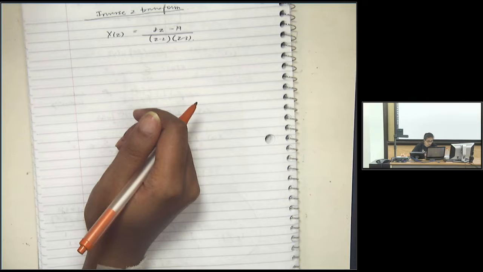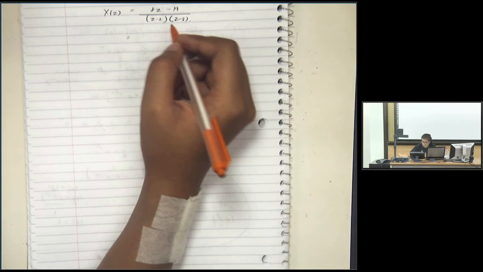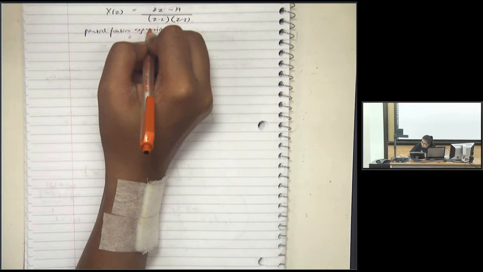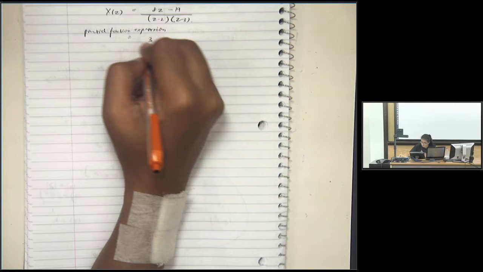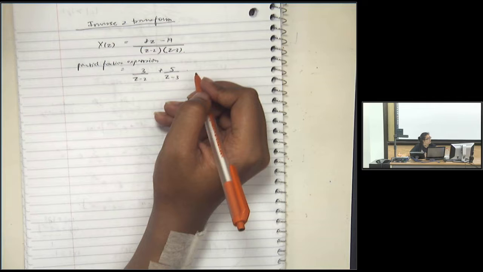Okay. Now, if we go on and do a partial fraction expansion on this, we will get 3 over z minus 2 plus 5 over z minus 3.